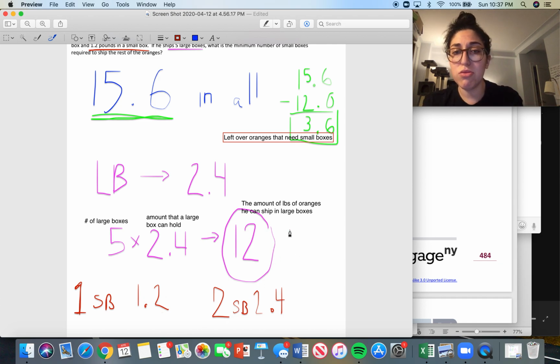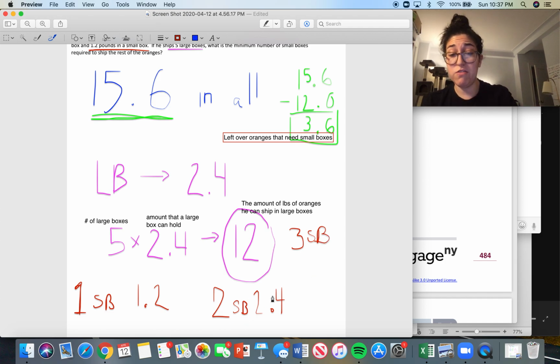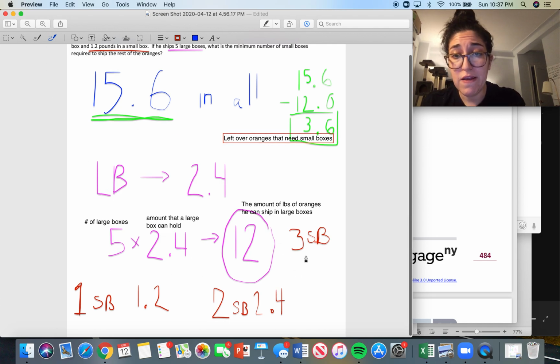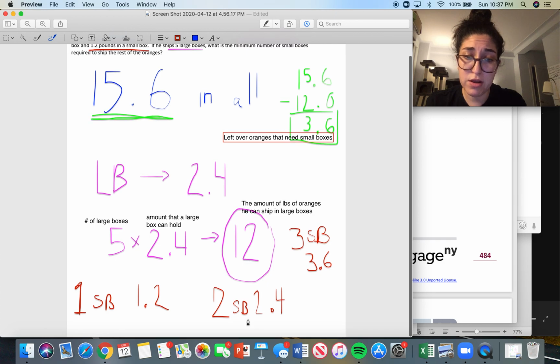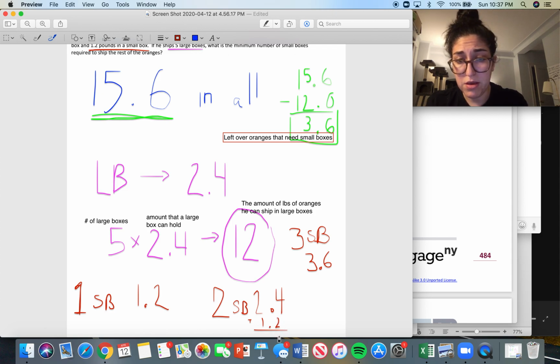If I had 3 small boxes, and you have to excuse me going out of order here, I'm running out of room. If I have 3 small boxes, then that's the 2.4 from the 2 small boxes I already used, and another 1.2 from this new small box, and that would be 3.6, because 2.4 plus 1.2 is going to be 3.6.